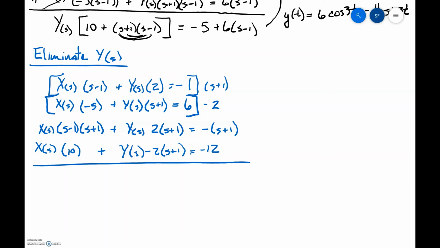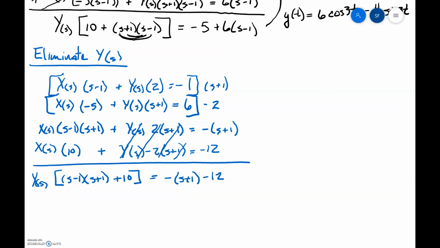Now when we add those together, the y's cancel out, and if I factor out the X of s, then on this side I've got (s minus 1)(s plus 1) minus 10, and on the other side, negative (s plus 1) minus 12.